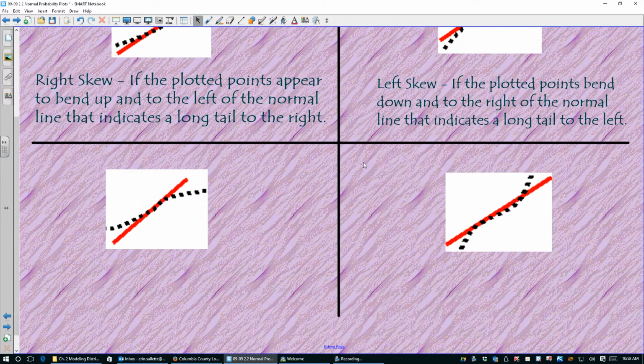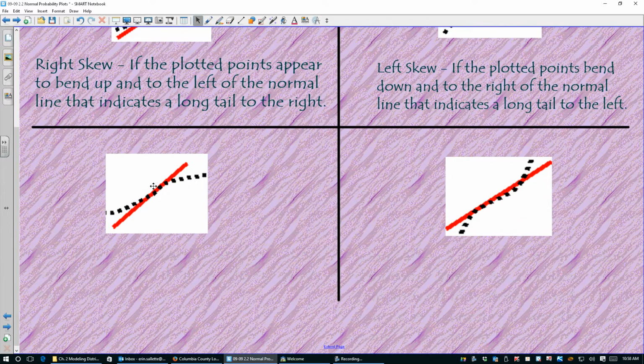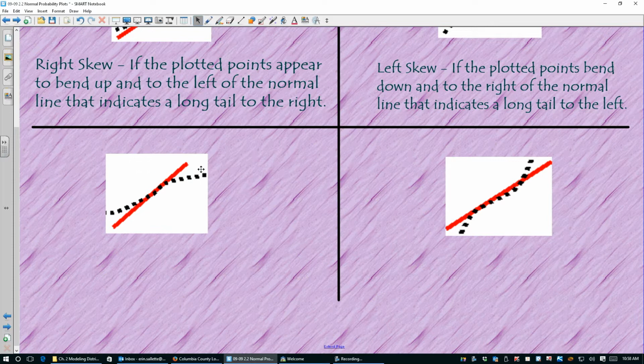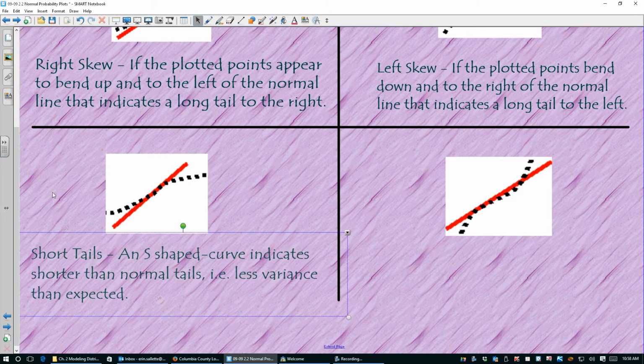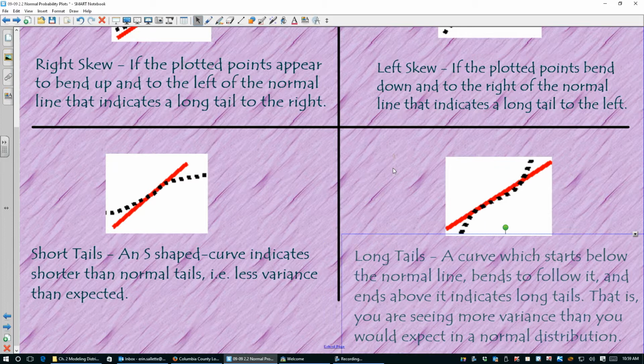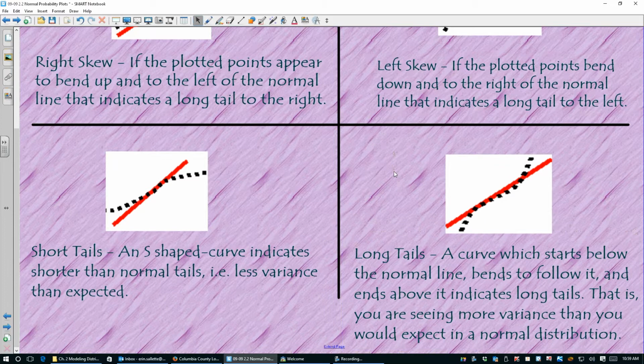And we can also tell about the tails. Here, we've kind of got an S shape. That S shape tells us that that distribution has short tails, so they're shorter than a normal distribution. So it has less variance and is not as long. Okay. If it has kind of a cubic shape, that's a curve that starts below the normal line and bends to follow it.